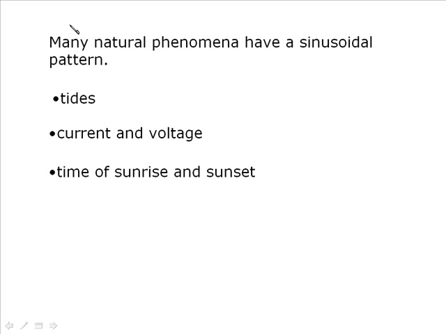Times of sunrises and sunsets are also very, very common. Because they follow a 365-day pattern, they repeat themselves in that form, and if you graph the sunrises throughout a year, you would get something that looked like a sine wave.